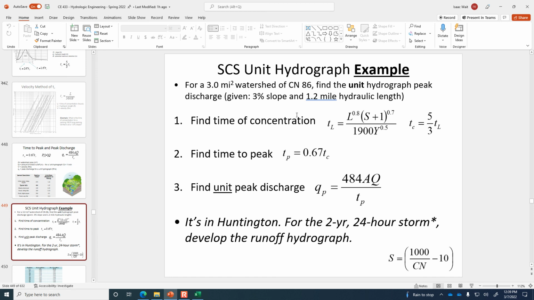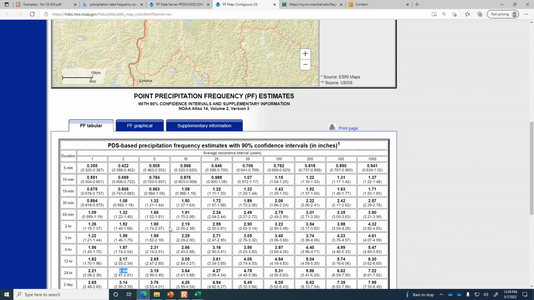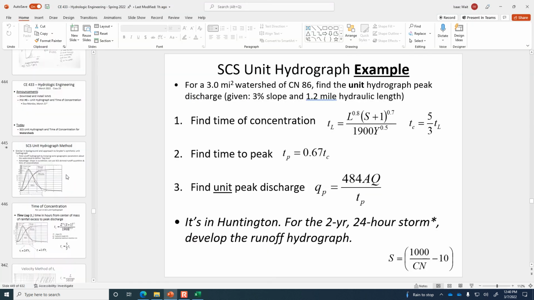So we took this, the precipitation data frequency server said 2.64 inches. So I just took that depth as a big all-at-once amount. But what we're going to see when we apply this in WMS is WMS breaks the 24-hour storm into those little tiny slices of precipitation. And it does it with the 24-hour distribution.